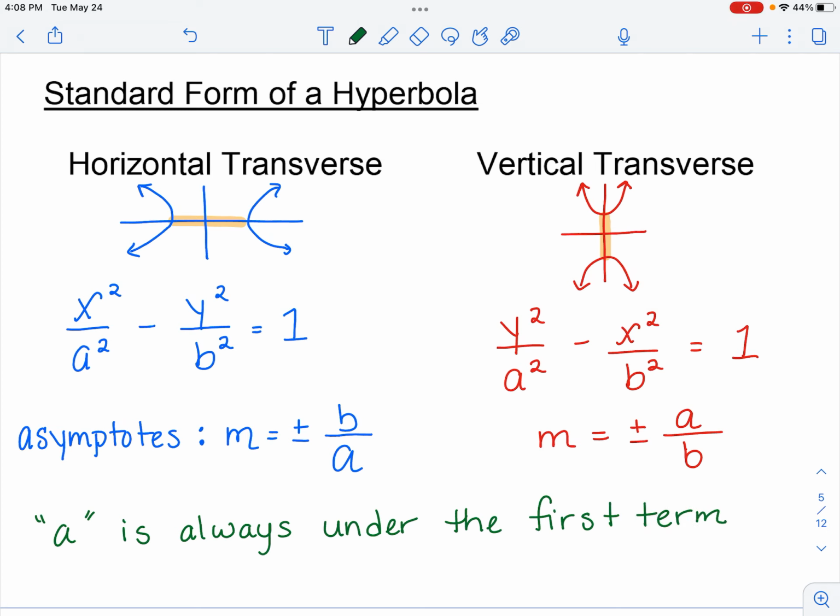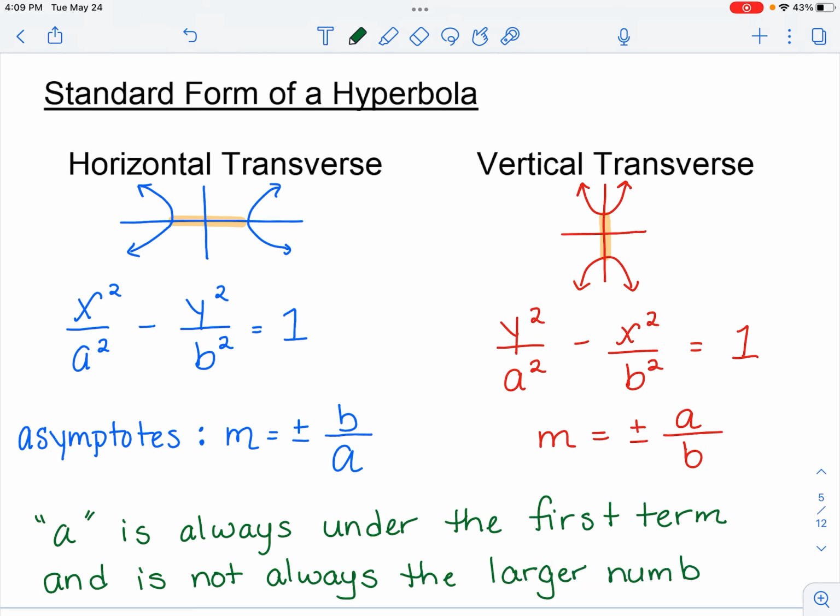It's actually the a squared that is under the first term, which means it's not always the larger number. A is always the first denominator when we're looking at a hyperbola. And we know it's a hyperbola because we see subtraction in the equation.